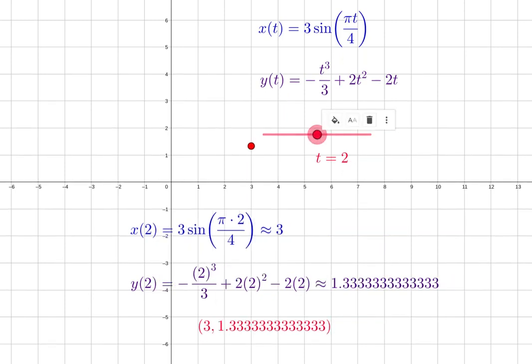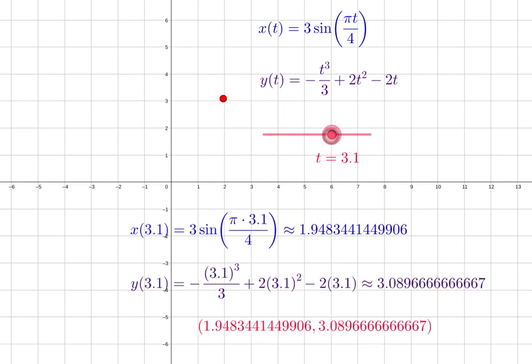When t equals 2, x is going to be 3, y is going to be 4/3, and so we get a point in the xy coordinate plane at (3, 4/3). Notice that we're still graphing in the xy coordinate plane. We're just graphing an x and a y coordinate that depend on a third variable t that's not actually represented in the coordinate plane in the graph.